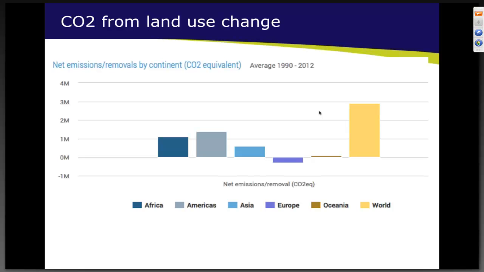These are graphs from the continents and the emissions or removals of carbon from the soil or from land use. You can see in Africa, America and Asia, we're still emitting a lot of CO2 equivalents, but in Europe we're actually fixing more carbon than we're emitting. That's probably because there's more and more forests in Europe, not necessarily because farmers are fixing it in the soil. They're not very good at that yet.